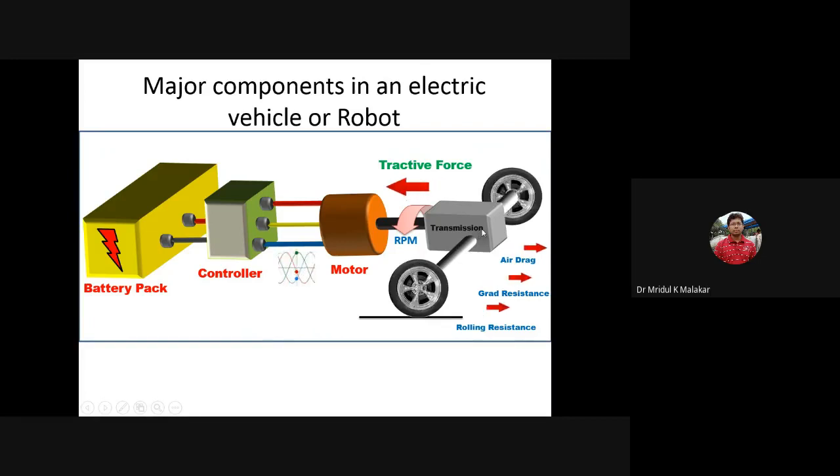It's a constant factor, and this is the wheel which is touching the ground. I have to move this wheel in this direction. So now all the things are given, like a robot system. I have selected one lead acid battery and given one controller to drive this motor, so that the robot will move in the forward direction.